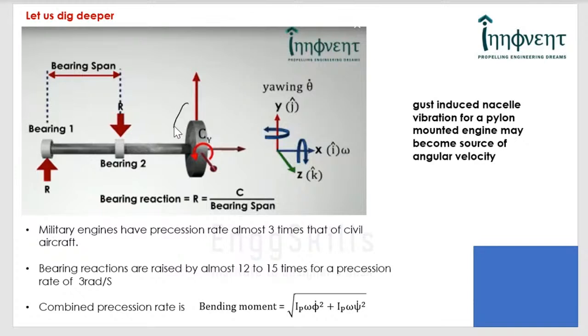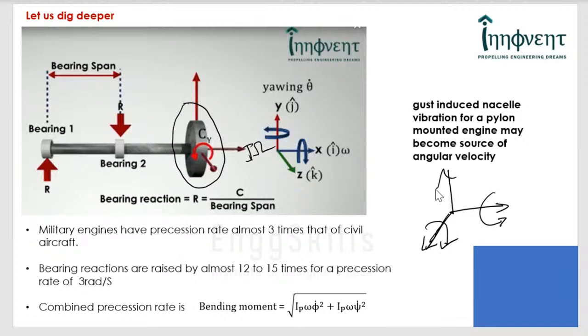Look at this rotor. Let us say it has a certain angular momentum I omega, and once the aircraft does yawing or pitching, that is, you can say this is the aircraft axis. It can actually roll, it can actually pitch, and about the vertical axis it can actually yaw.